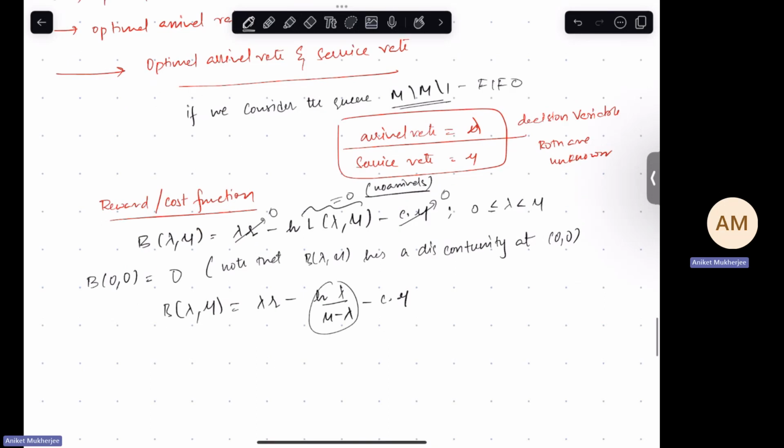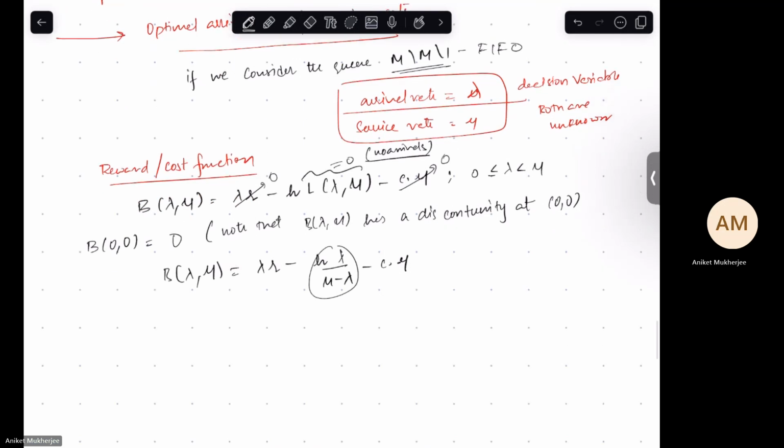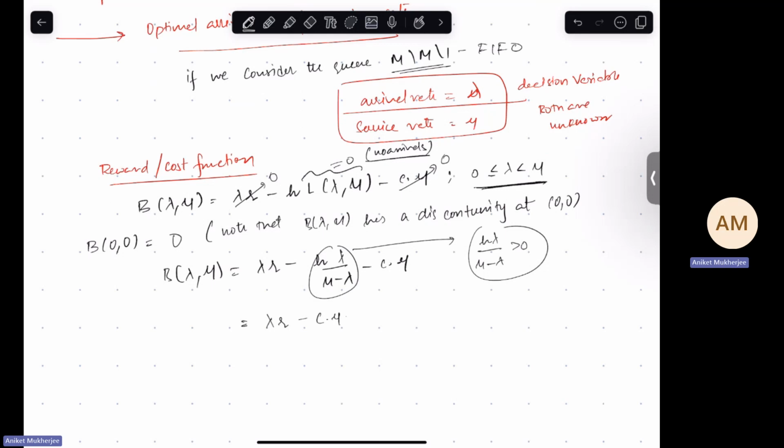Here you can see the discontinuity if you substitute (0,0). Under this constraint, this term, h lambda by (mu minus lambda), is always greater than 0. So let's put it to one side and we have lambda R minus C mu, minus h lambda by (mu minus lambda). So you're subtracting some positive number.